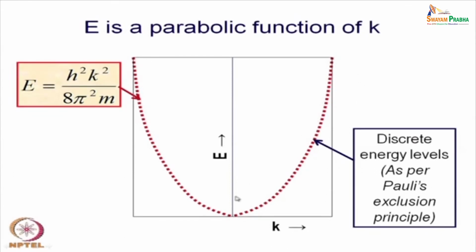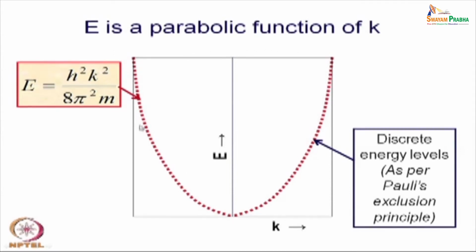One can call it a quasi-continuous curve. It is made of discrete energy levels, as per the Pauli exclusion principle. We have plus half and minus half spins, and they have slightly different energy levels.